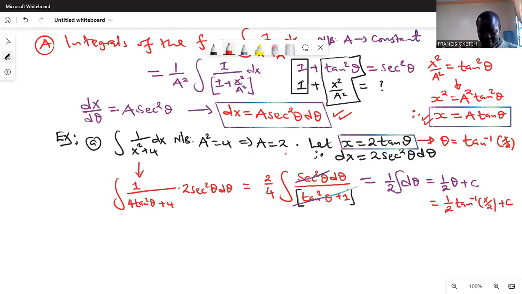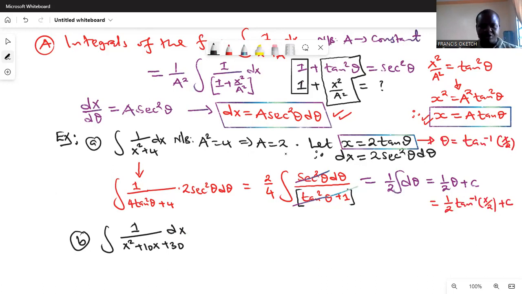I will look at another example. You can call it part B. You are asked to evaluate this integral, the integral of 1 over x squared plus 10x plus 30 dx.